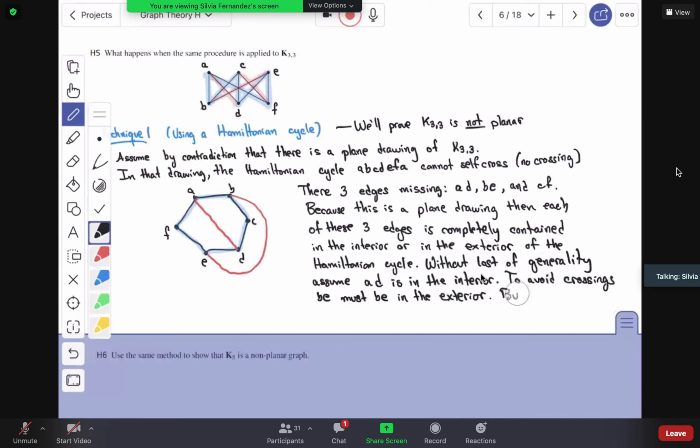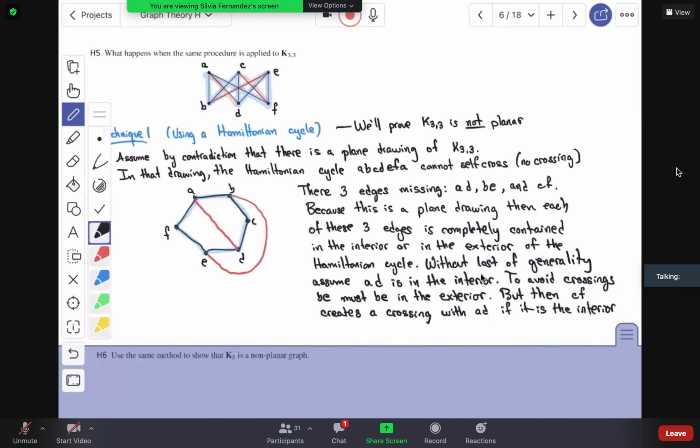But then let's see what happens when you try to add CF. CF creates a crossing with AD if it is in the interior, or with BE if it is in the exterior.